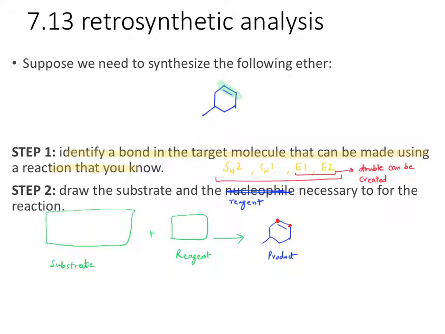Now remember, for E1 and E2 reactions that create double bonds, we need a substrate which has a leaving group and a base. So our reagent is basically a base, and a substrate could be an alkyl halide.